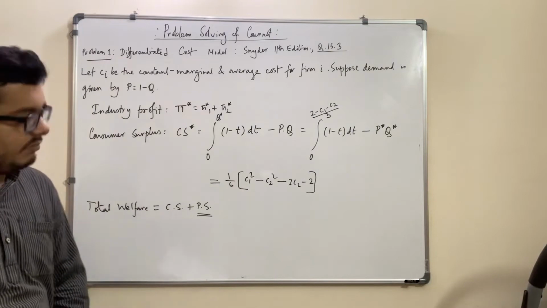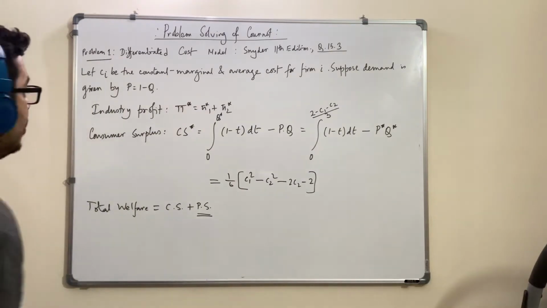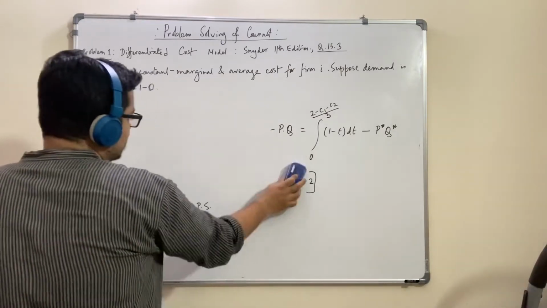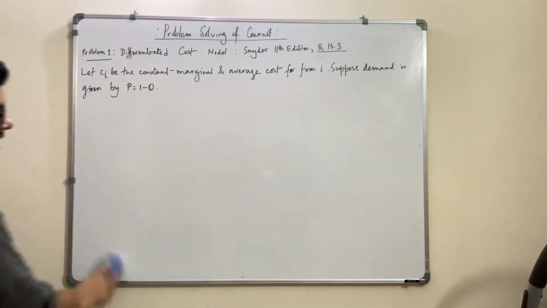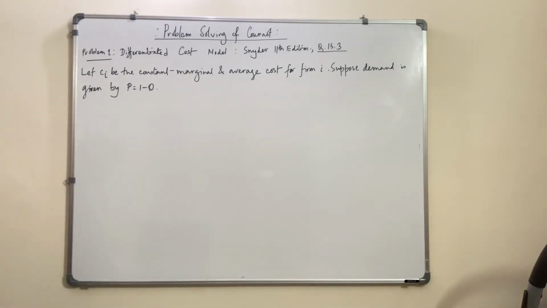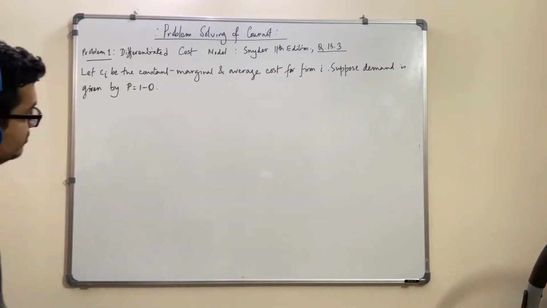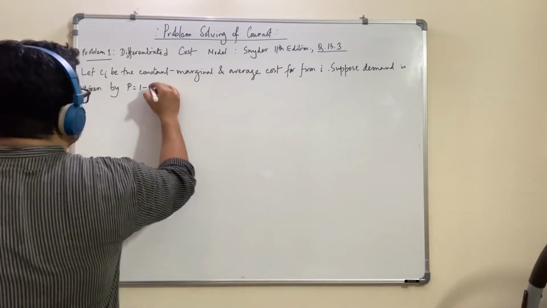Okay, so now we will move on to the B part of the question, because as I said, our prime interest is that it's an interesting question, something that is slightly difficult.